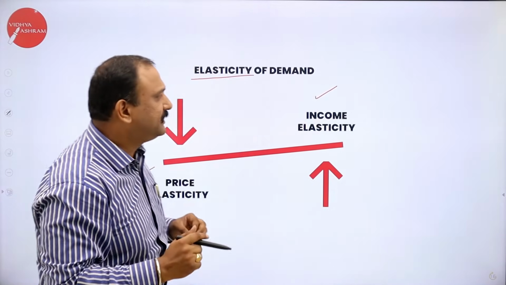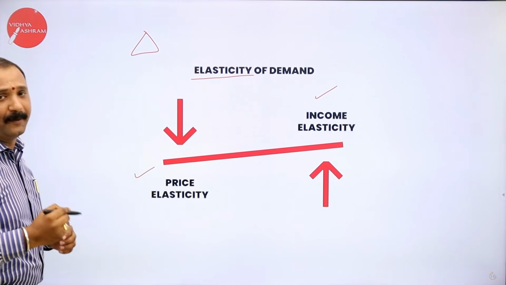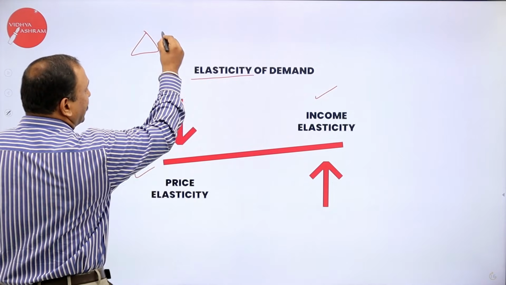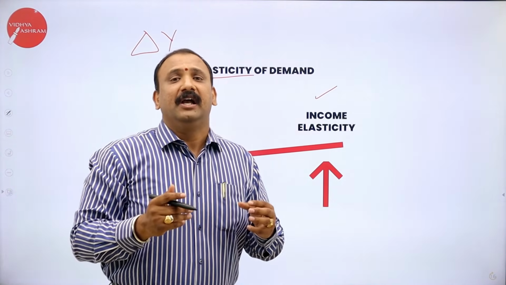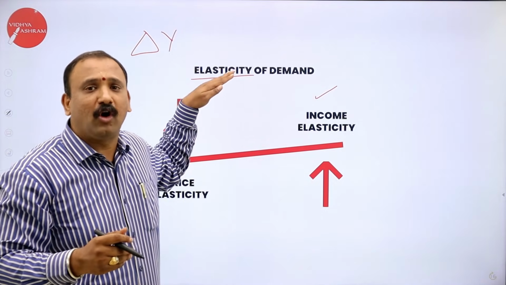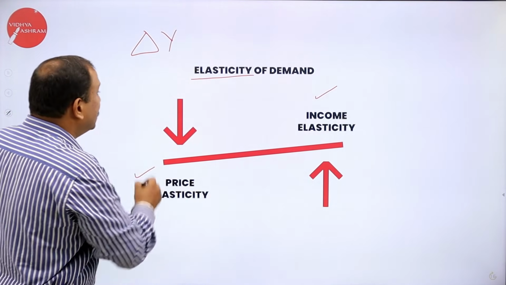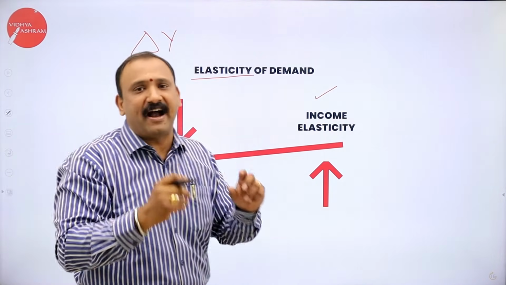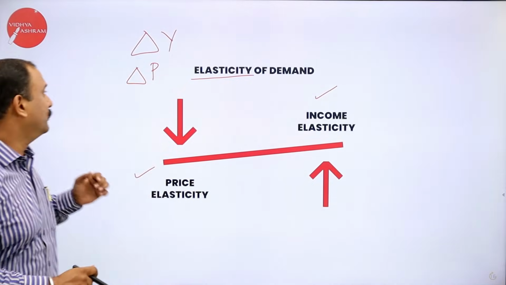So we represent this factor using the symbol called delta. Delta represents the change. Now if I say delta y, that means change in income. So that is why we are using this function called elasticity. So delta y means change in income, delta p means change in price. So the change factor is represented by the word elasticity. Moving forward.